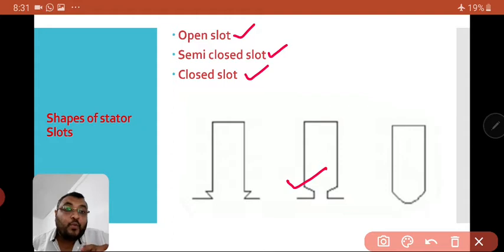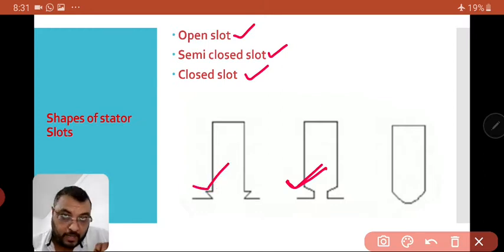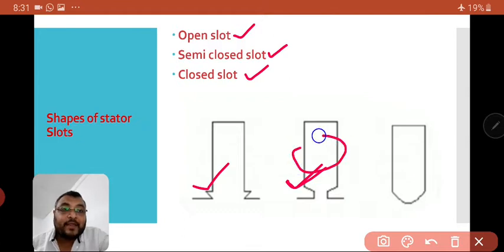What I want to say is what the advantage of the semi-enclosed slot is over the open slot. I will explain once again that the use of semi-enclosed slots results in low tooth pulsation and a much quieter operation as compared with the open slots.